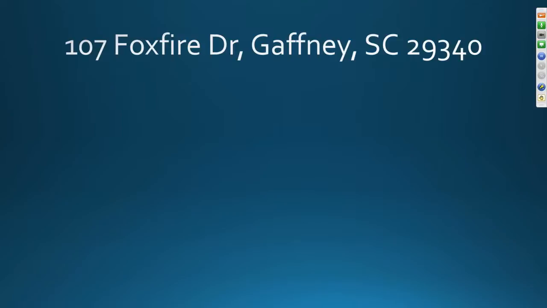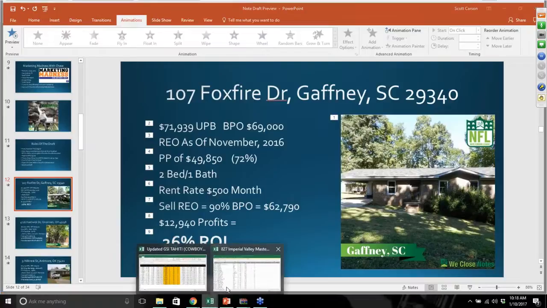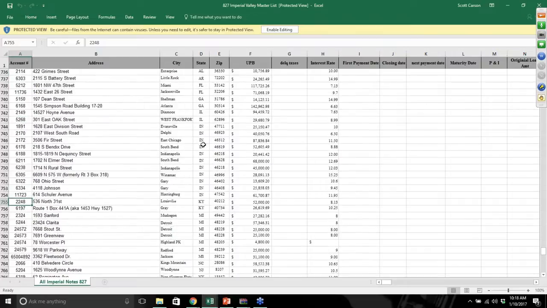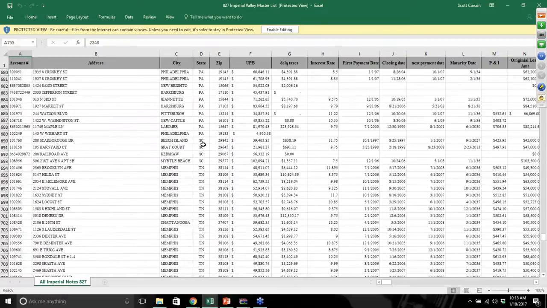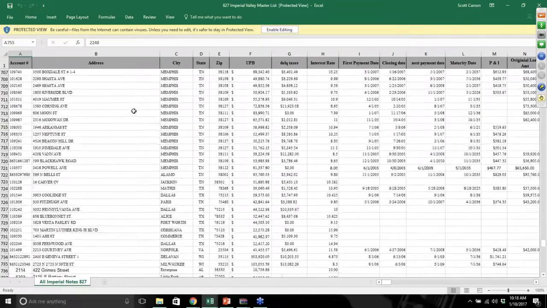One thing to keep in mind: if you don't see assets on here that you like, do not worry. I wanted to show you we have a chunk of assets I got in yesterday, 827 assets.